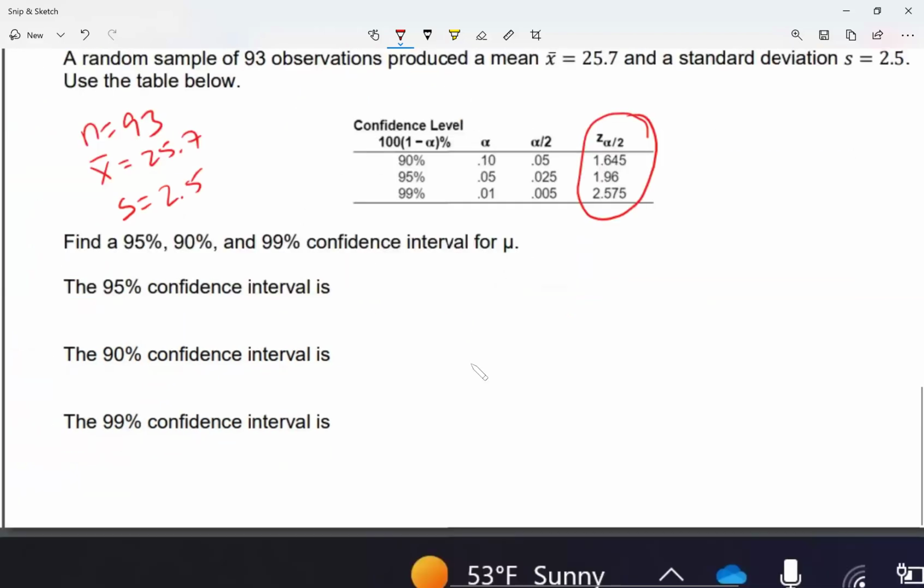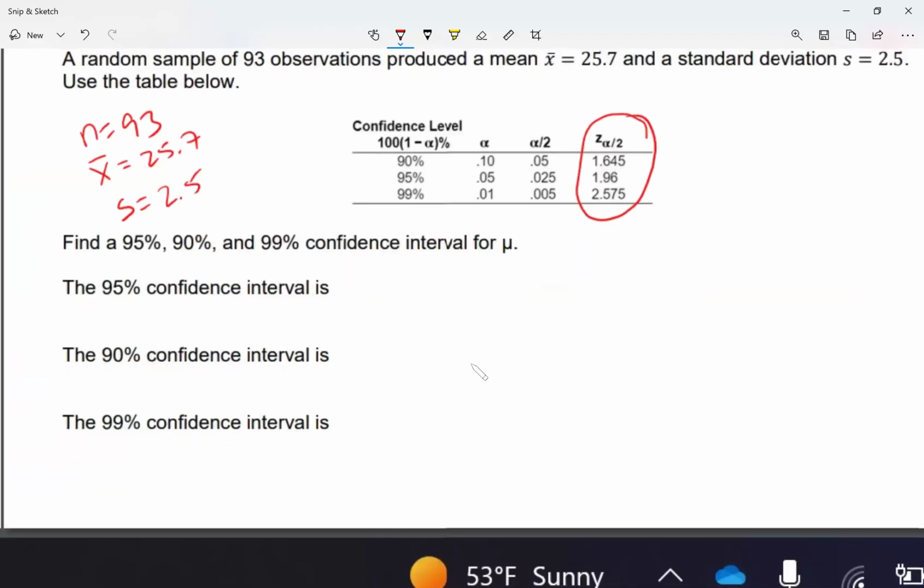Now, let's remember the formula from the top of our page. For a 95% interval, the Z-score is going to be 1.96. Where do you get that, Mr. Leonzo? From right here. 95% is 1.96.